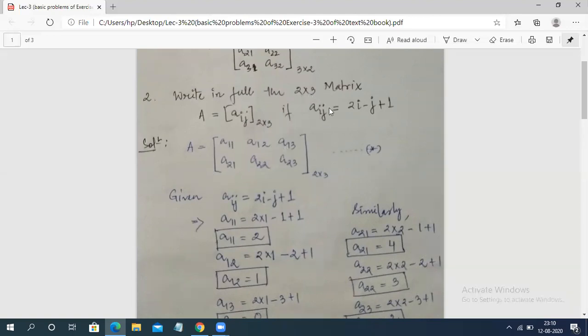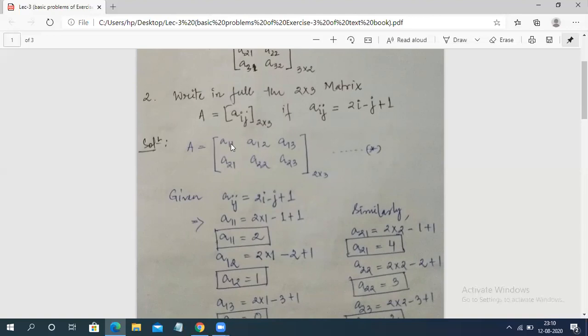Now it is given that Aij will satisfy 2i minus j plus 1. That means i will vary from 1 to 2, and j will vary from 1 to 3. So the first element will be A11. We discussed in the first lecture that the elements of a matrix are denoted by two subscripts.